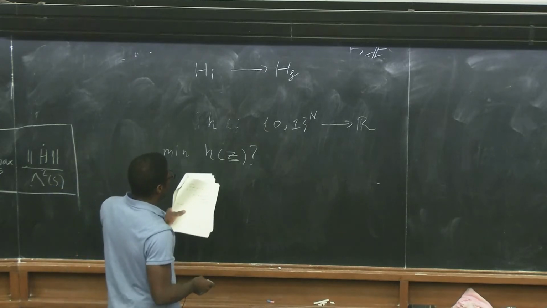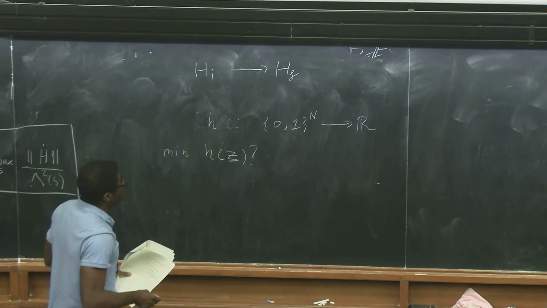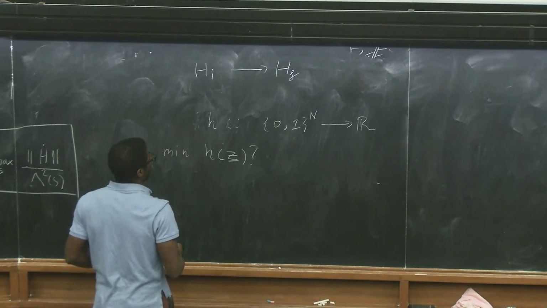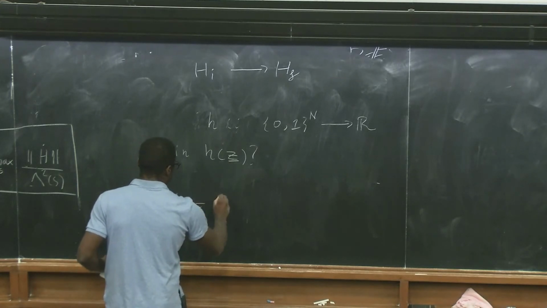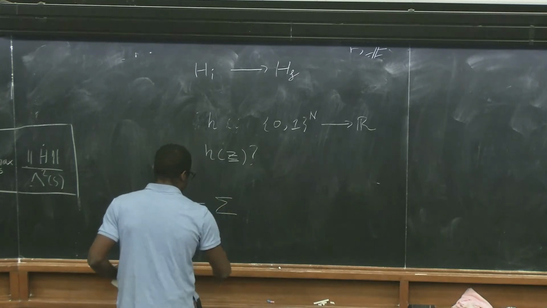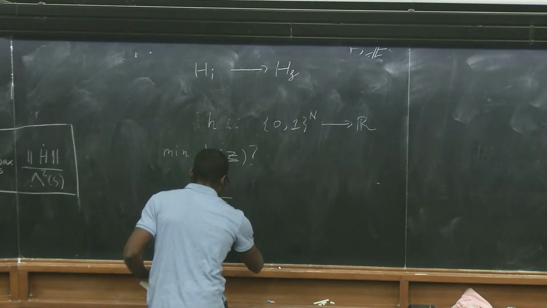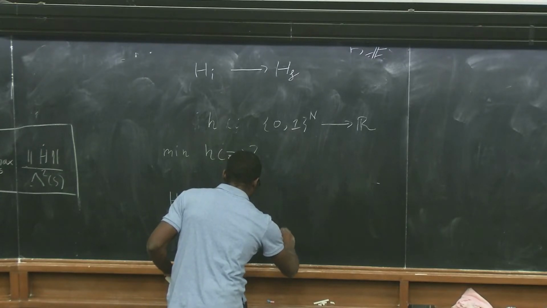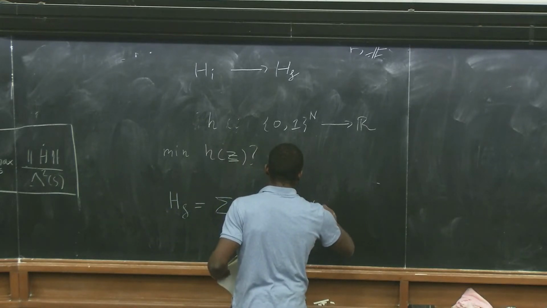If you have a problem which can be recast as finding the minimum of this function, finding the minimum of this function can again be recast as finding the ground state of a certain Hamiltonian. So we consider this Hamiltonian, which is going to be the sum over all the possible strings z, and we define a diagonal Hamiltonian.